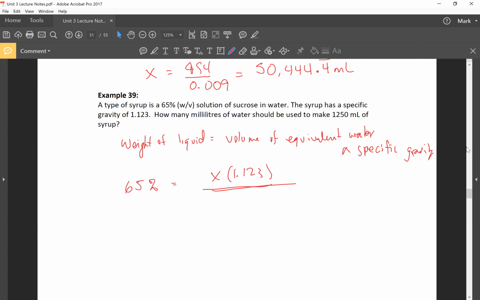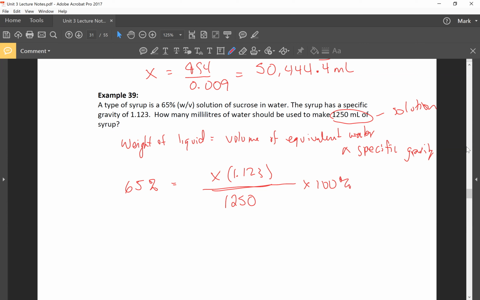Now, what about the bottom? The bottom is also going to be challenging for this. It says how many milliliters of water should we add to make up 1,250 milliliters of syrup? Well, that means that this is going to be our total amount. This is the amount of our solution. And then I times that by 100%.